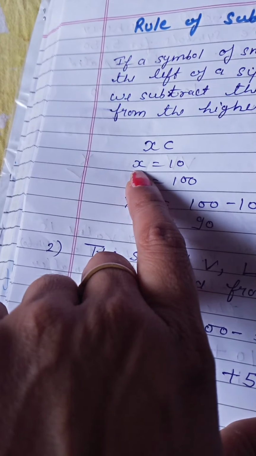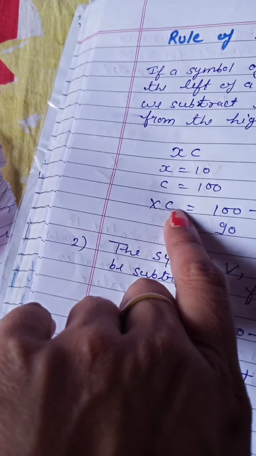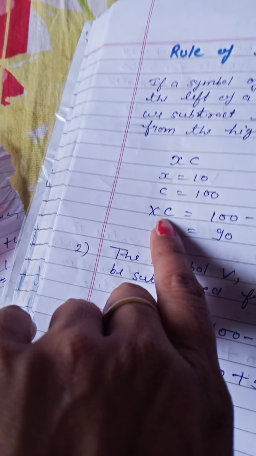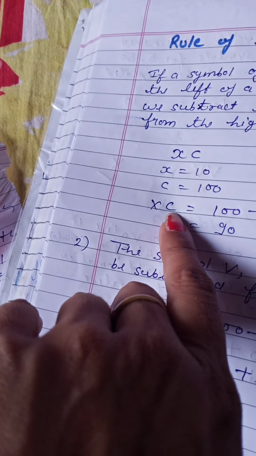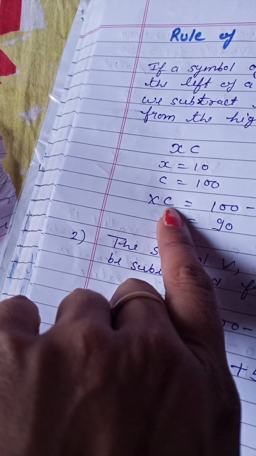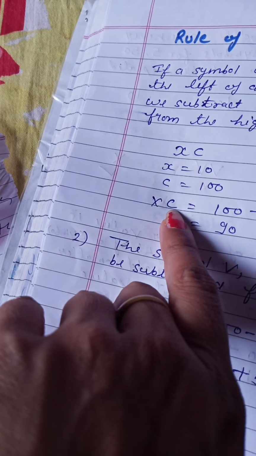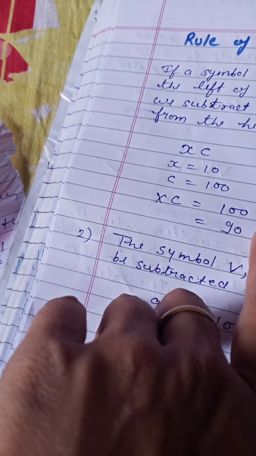So when we write XC, the smaller value is written left to the higher value. If the smaller value is written left to the higher value, it will be subtracted. So 100 minus 10 is equal to 90.